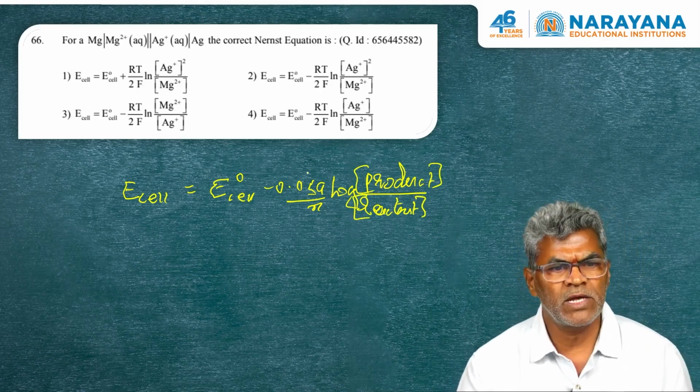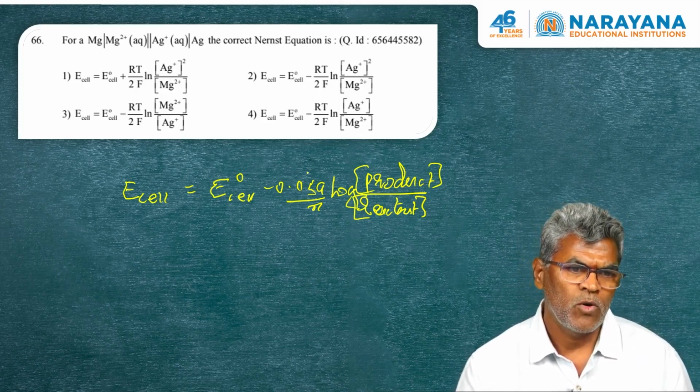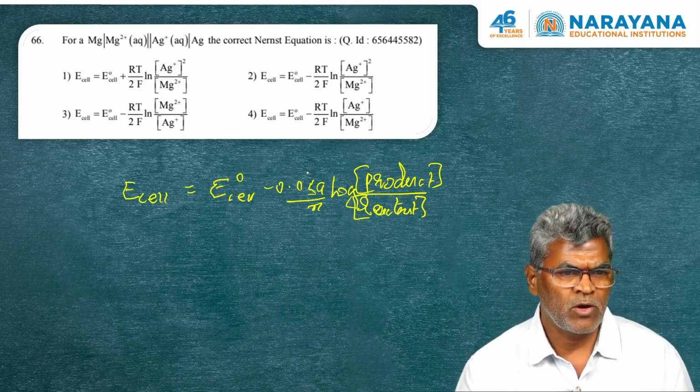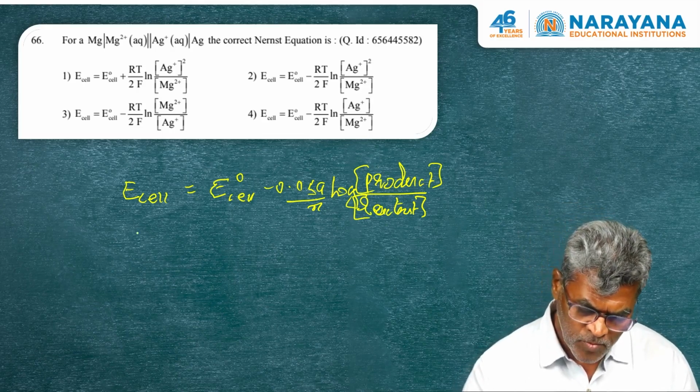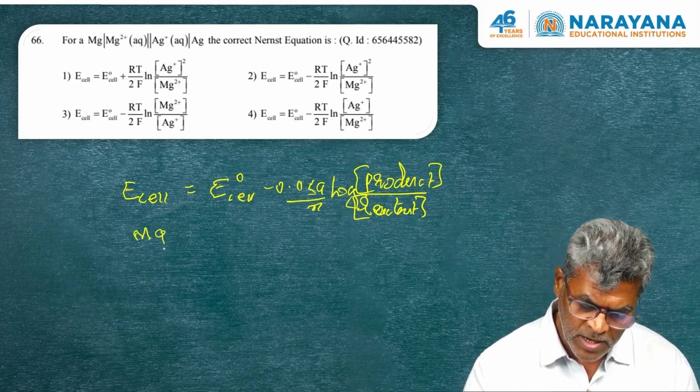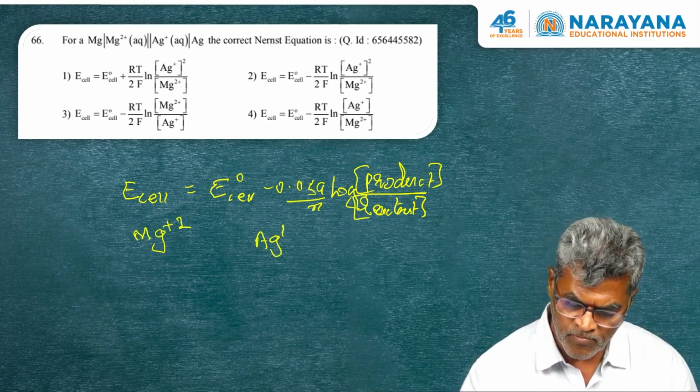RT by nF, what I have written as 0.059 by n, is RT by F here. According to that, the products are Mg plus 2 ions, because magnesium is more reactive, and Ag plus is the reactant.